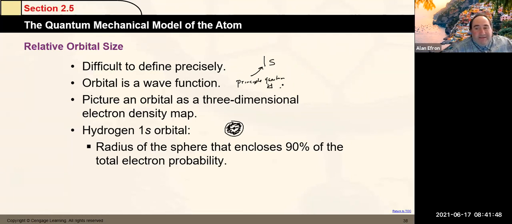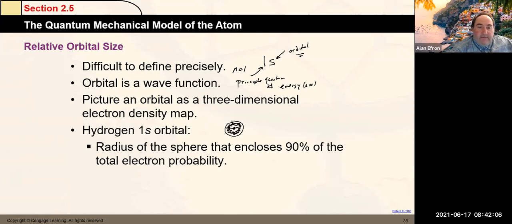That's basically the energy level, and in this case n is equal to 1. The s is the orbital where our electron is hanging out in that particular case.